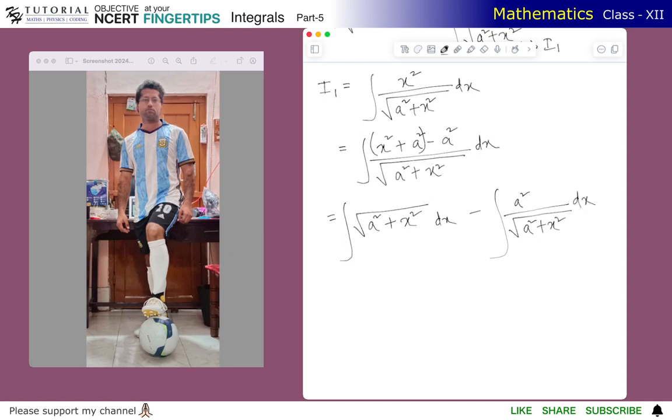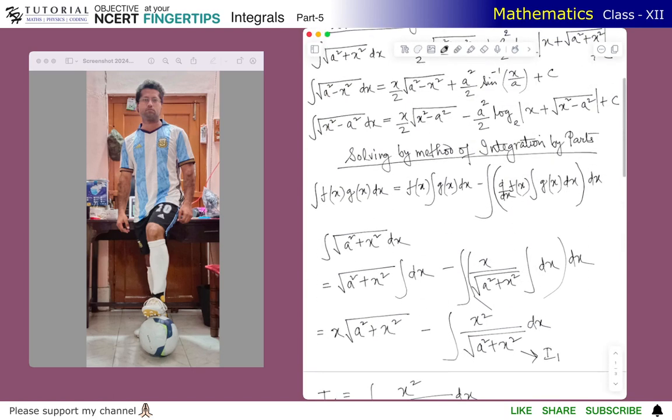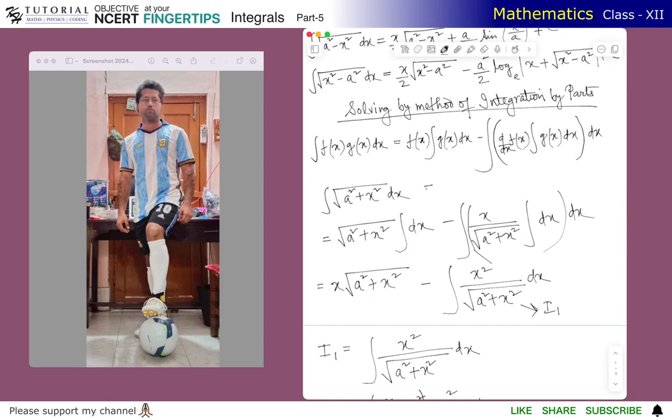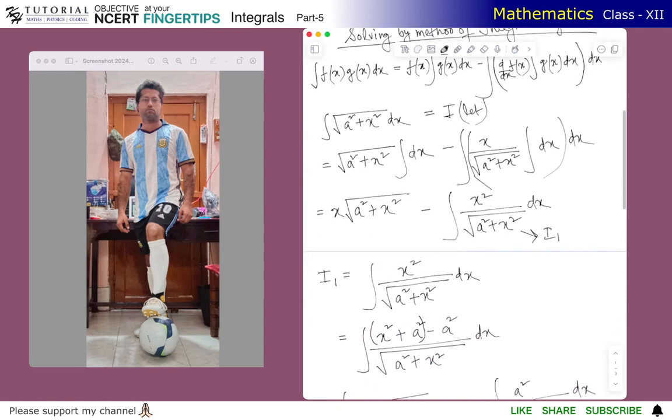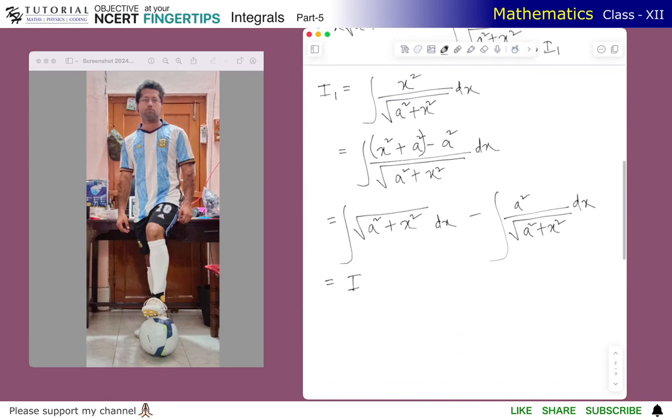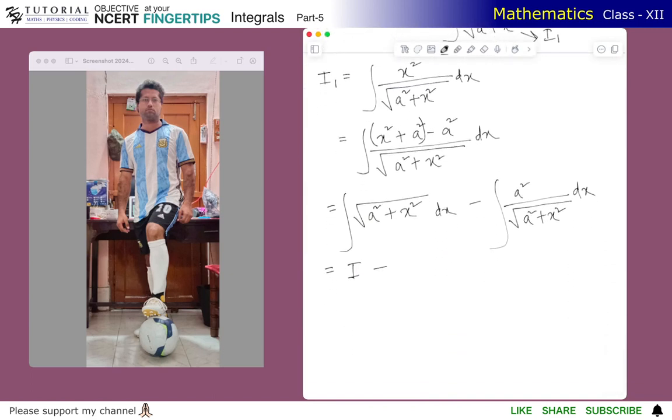So we have this. Now see, the first term is again the same integral that we are trying to solve. So let's say this is I. We are solving I, and we again got back I. And what is this? This is the standard result.